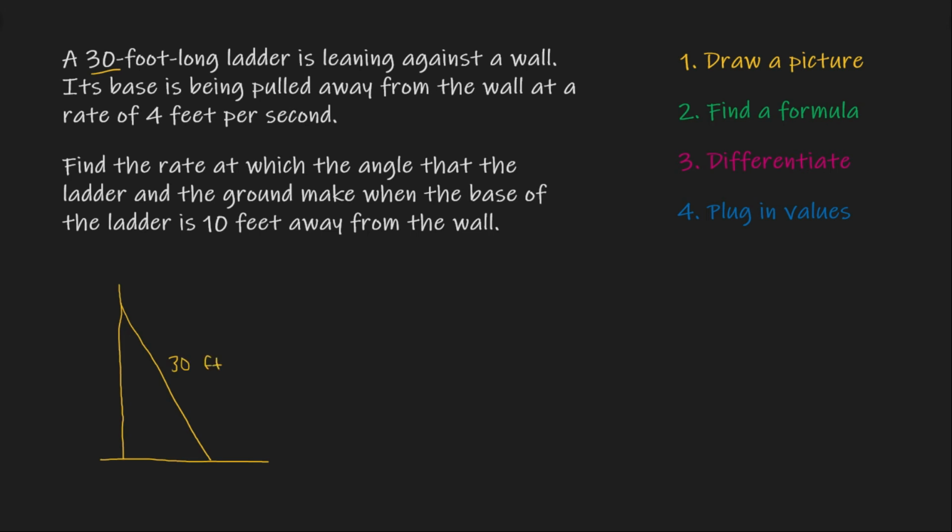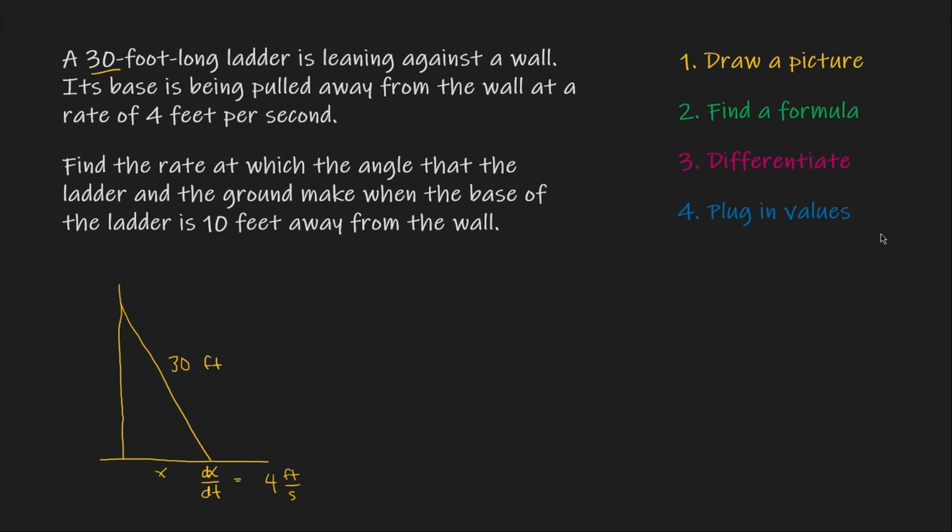And this sentence tells us the base of the ladder is being pulled away from the wall at a rate of 4 feet per second. So that's referring to this distance. So let's label this distance x. And the rate at which this x is changing, dx over dt, with respect to time, is going to be 4 feet per second.